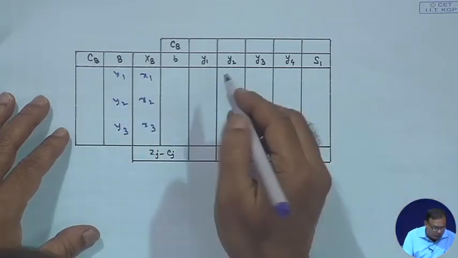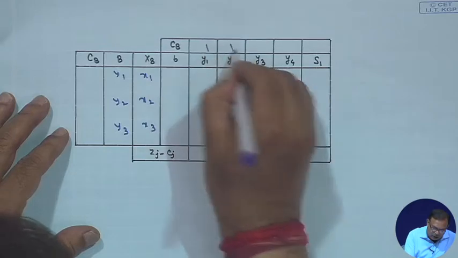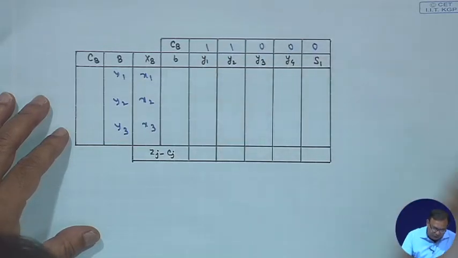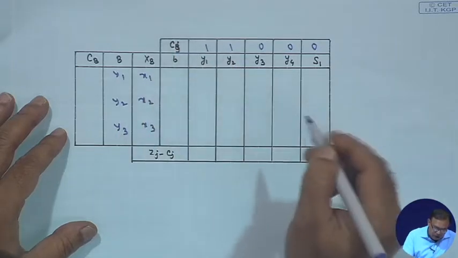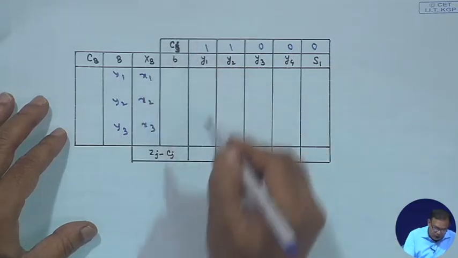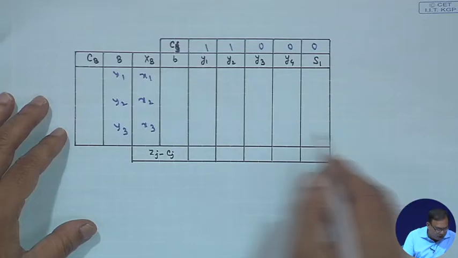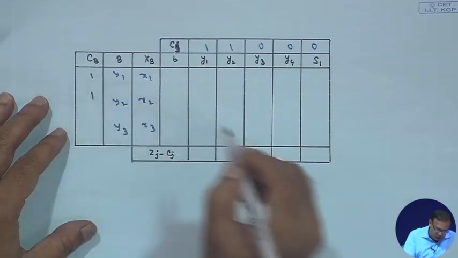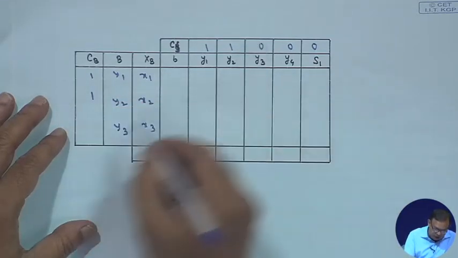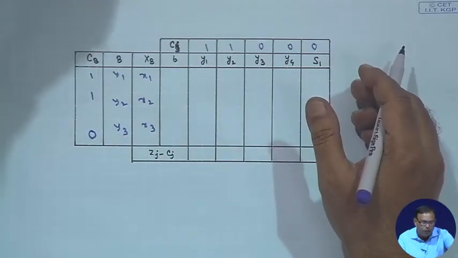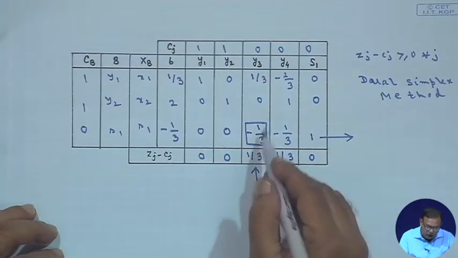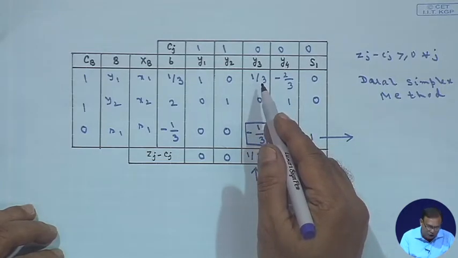Your Cj values will remain as they are, 1, 1, 0, 0, 0. And the Cb values in this case will be 1, 1, and corresponding to X3 it is 0. So, basically I have to make these as 1 and these elements as 0.